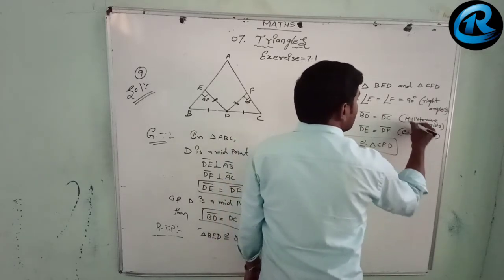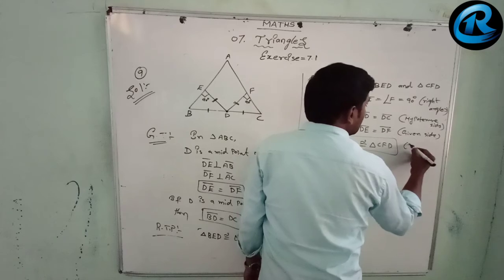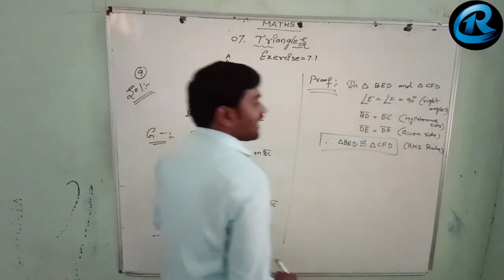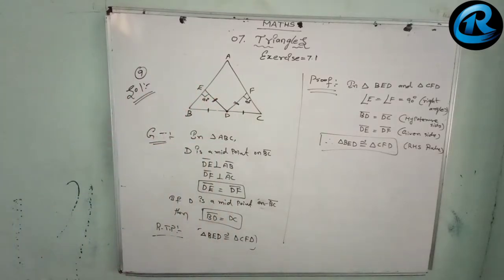So RHS rule. By the RHS rule, the two triangles, triangle BED and triangle CFD, are congruent.